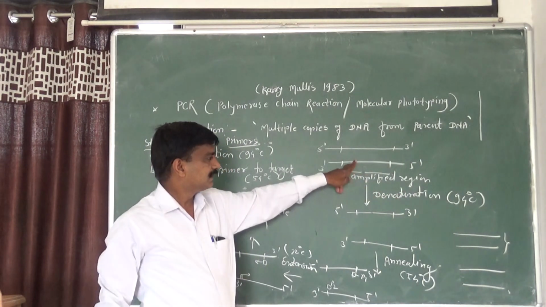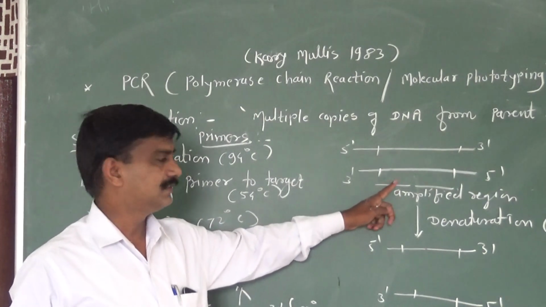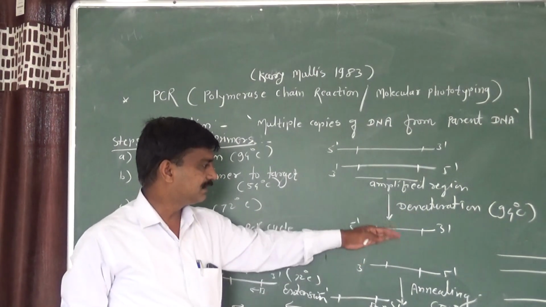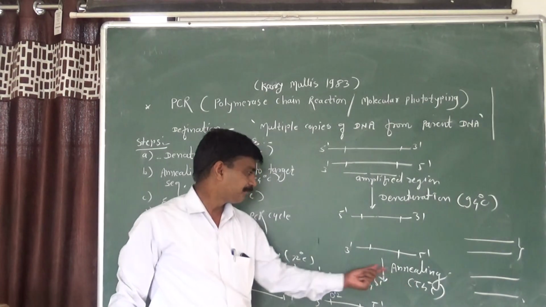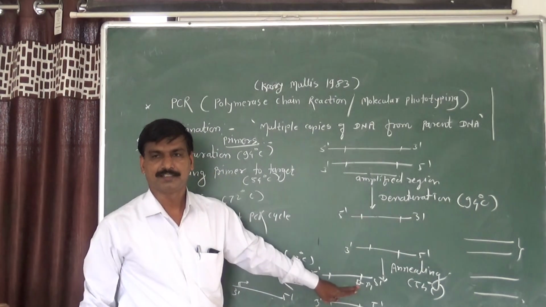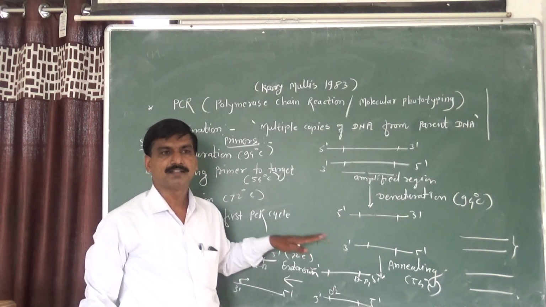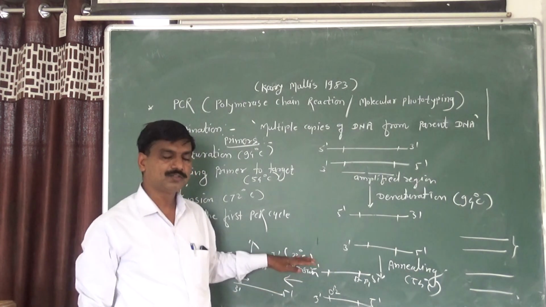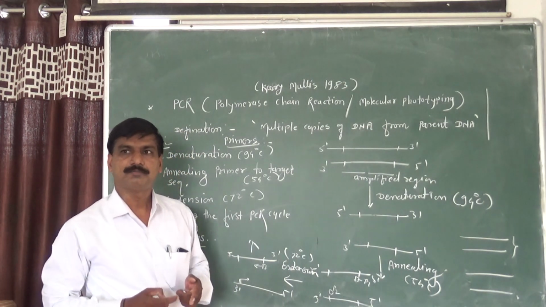The amplified region, the two sites, is selected. The strands separate, and then in the second step, annealing at 54 degrees centigrade, the primer is attached to the 3' end of both strands. The primer is extended by the Taq DNA polymerase enzyme at 72 degrees centigrade, and a single strand is formed from the old parent DNA molecule.